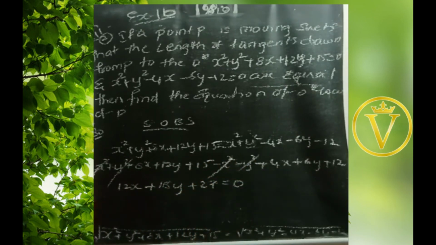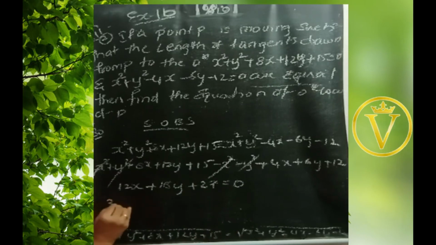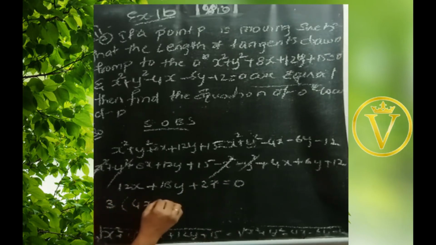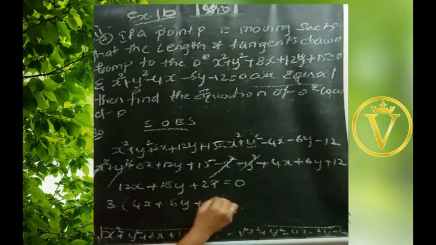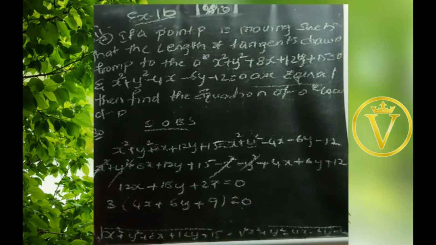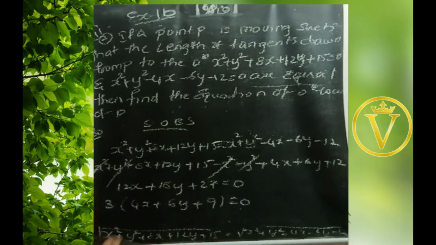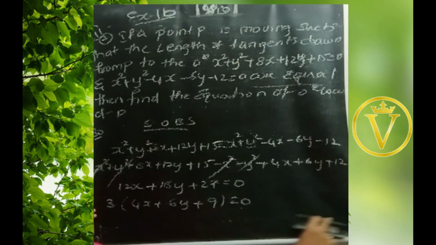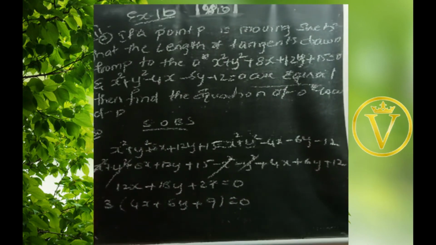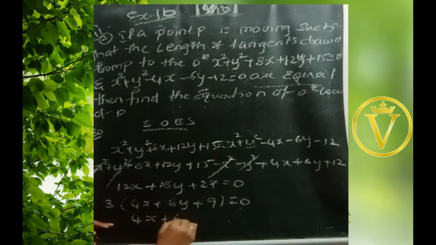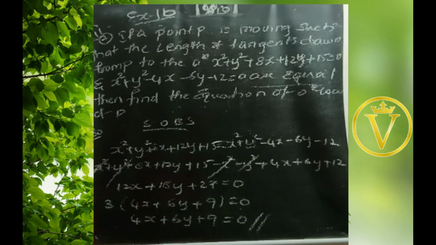Now take 3 as common. You will get 4x plus 6y plus 9 equals 0. If 3 goes to that side, it means 0. So 4x plus 6y plus 9 equals 0. This is the equation which they have asked in the question.